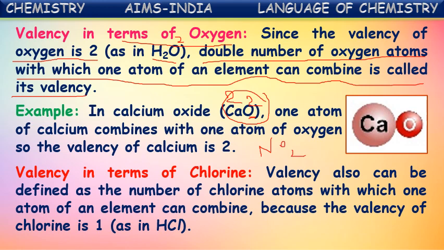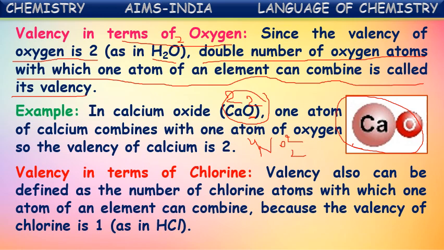As we know, oxygen's valency is 2, but there are 2 oxygen atoms. 2 2s are 4. With respect to oxygen, nitrogen's valency is 4. Do you understand the point? Like that, we can take different examples and explain. This is calcium oxide as the example in terms of oxygen.